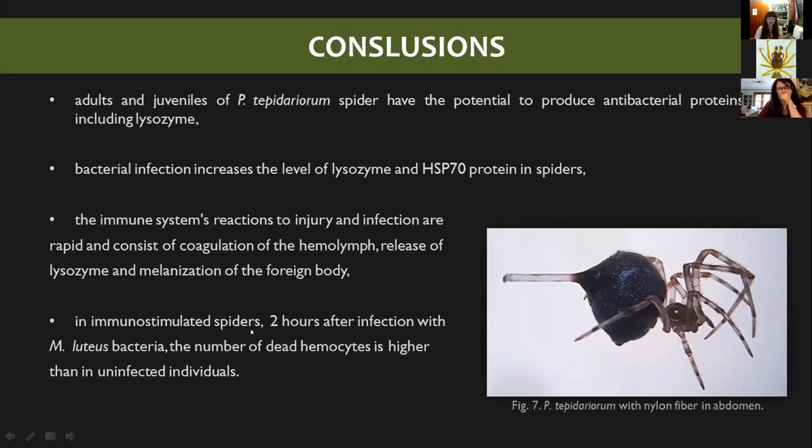And what is the last conclusion? That the immunostimulated spiders, only 2 hours after infection with Micrococcus luteus, have got really increased hemocytes, an increased amount of dead hemocytes in their hemolymph.